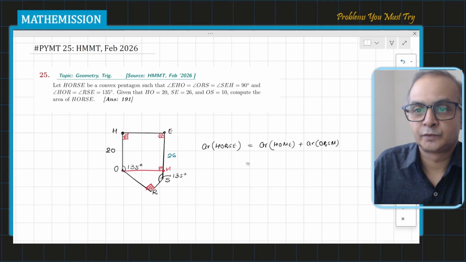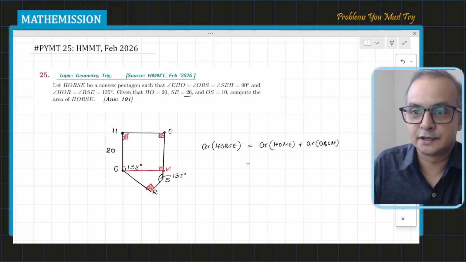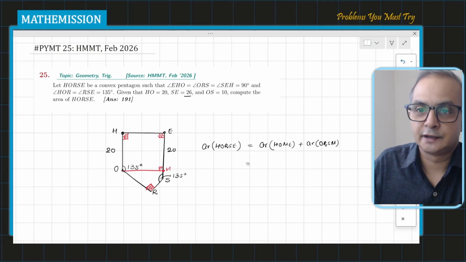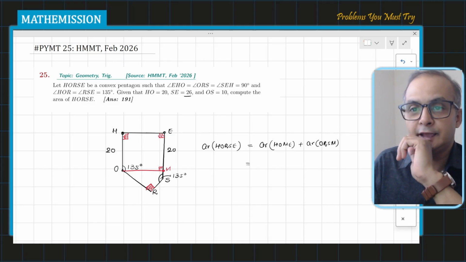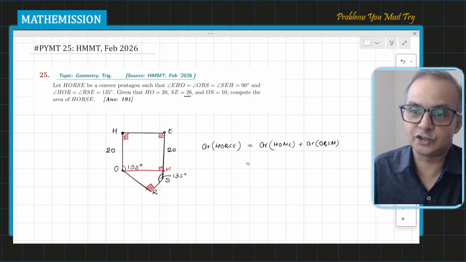How do we know that? Because this 26 is not the length of EM. It was completely till ES, meaning SE is 26. So this must be again 20. We can find this by finding the length HE. And how do we find the length HE?